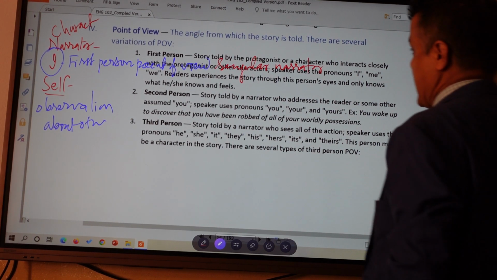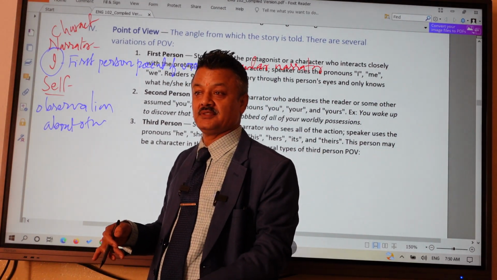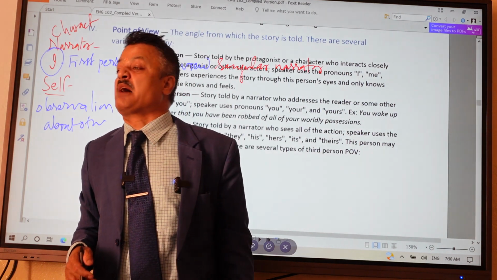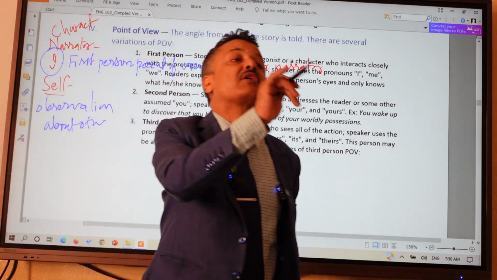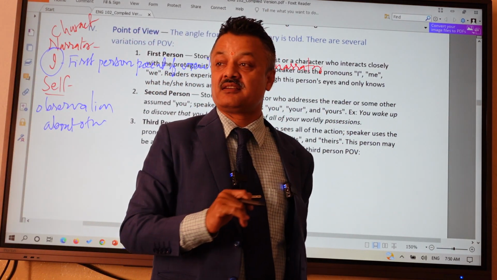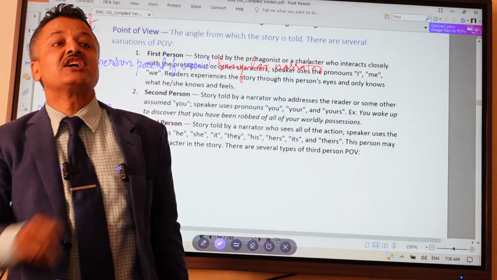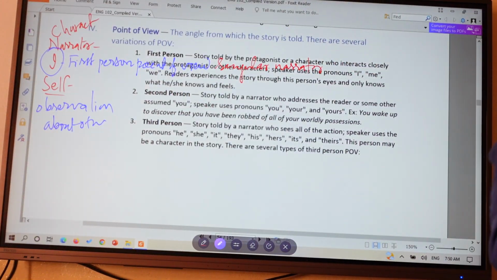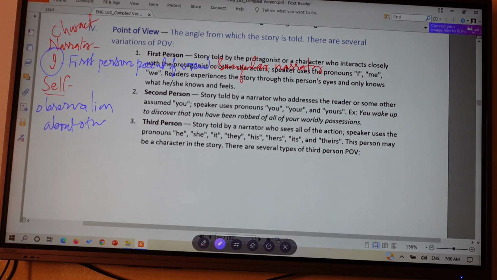Right? So this I can be reliable. A narrator is reliable if you feel the person is telling things honestly. If you feel that a storyteller is not hiding anything, he is a reliable narrator. Imagine in a story there is a scene where the narrator is cheating his girlfriend.